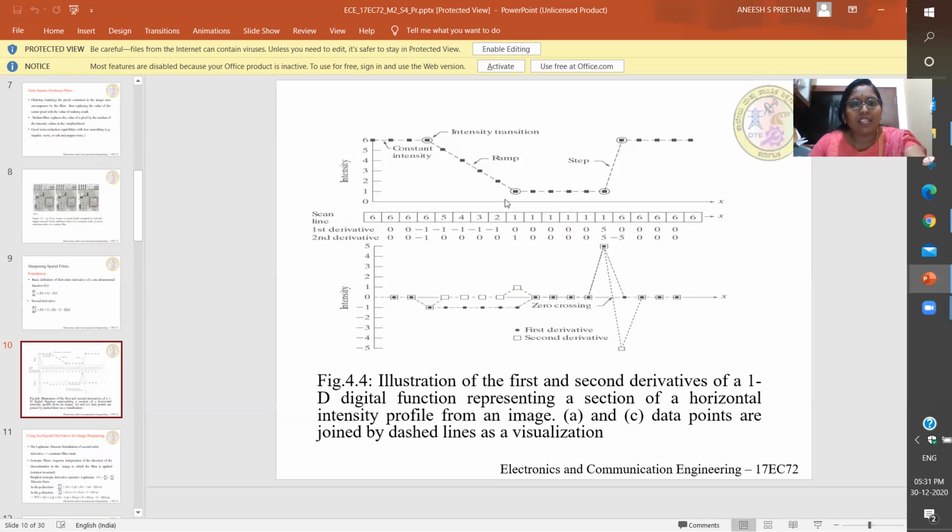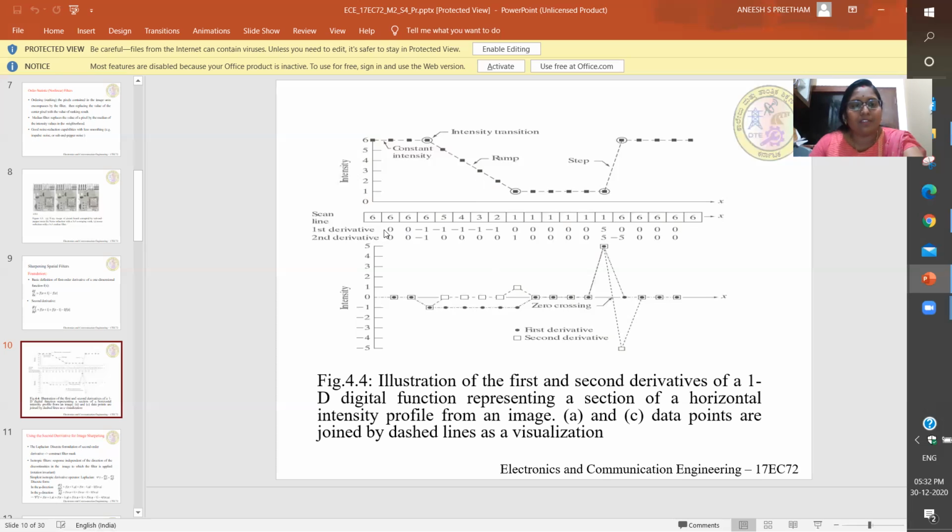The circles indicate the onset or the end of intensity transitions. The first and second order derivatives computed using the two preceding definitions are included below the scan line in figure B.